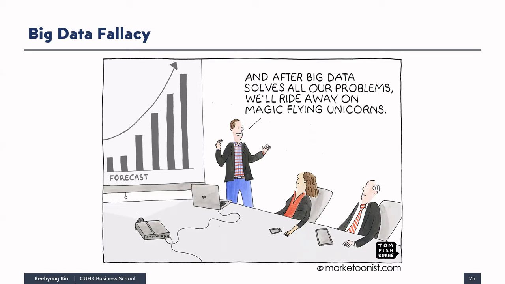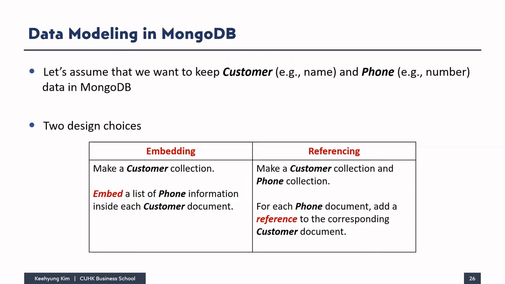So this actually applies to how you do data modeling in MongoDB. Earlier, and also last week, I said that in MongoDB and big data systems, we provide flexible data modeling, and we don't go through a structured data modeling process.